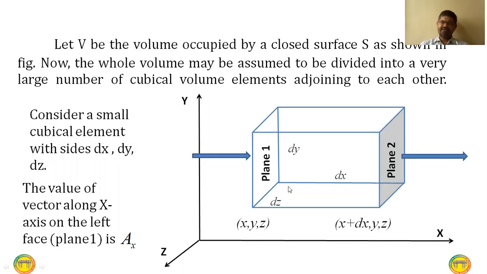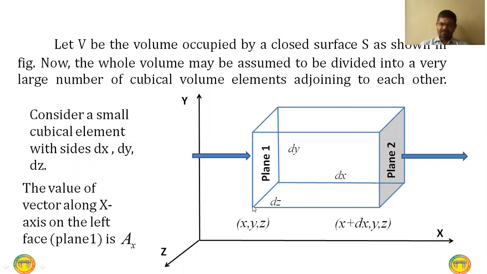We have taken volume V, and in that volume n small cubical volume elements are adjoining to each other. Among them, we take a typical cubical element, as shown in the figure, whose sides are dx, dy, and dz.